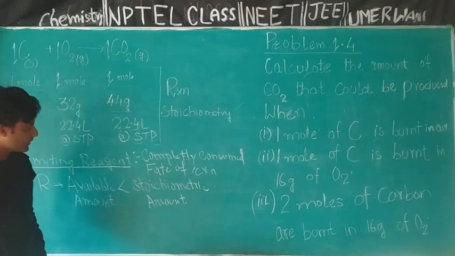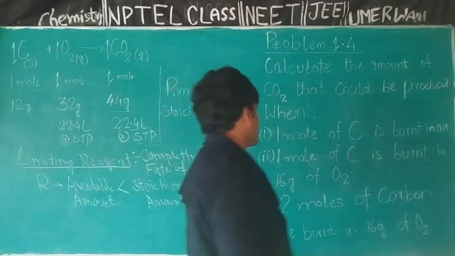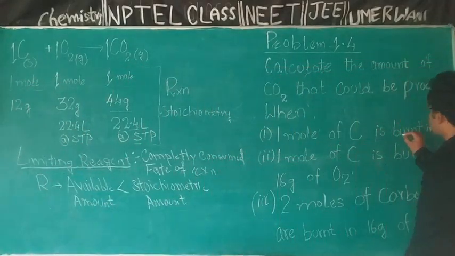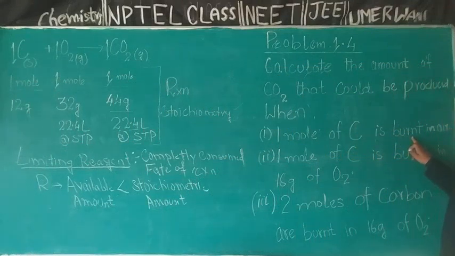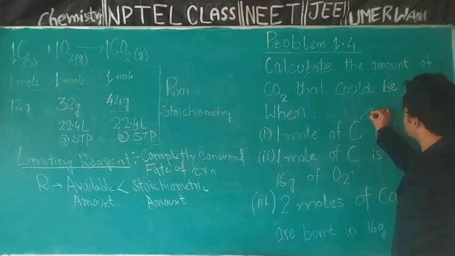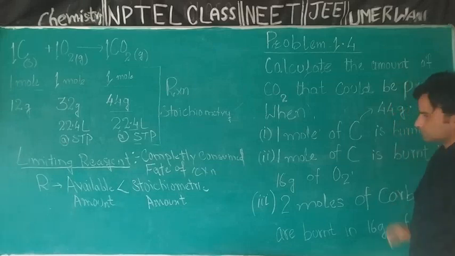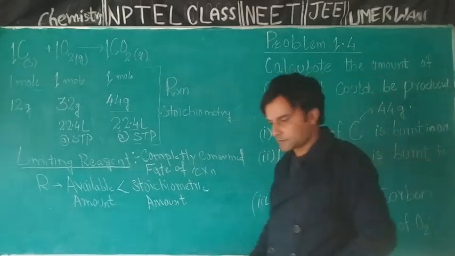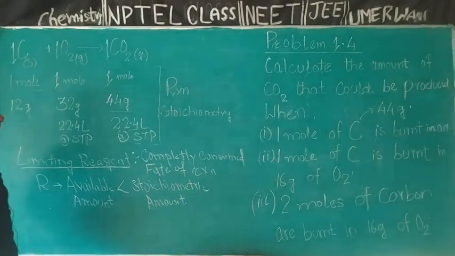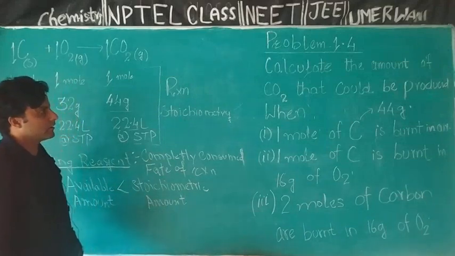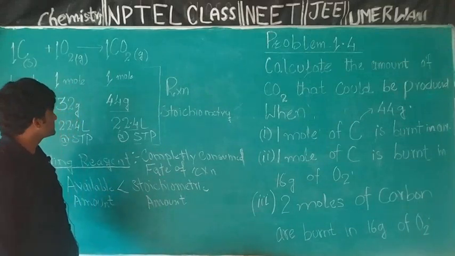So the answer to part first is 44 grams in terms of mass. You can answer in terms of moles, volume, or mass, but more often amount is reported in terms of mass.